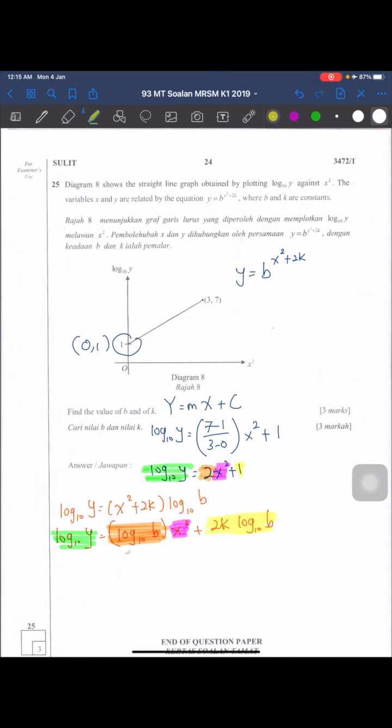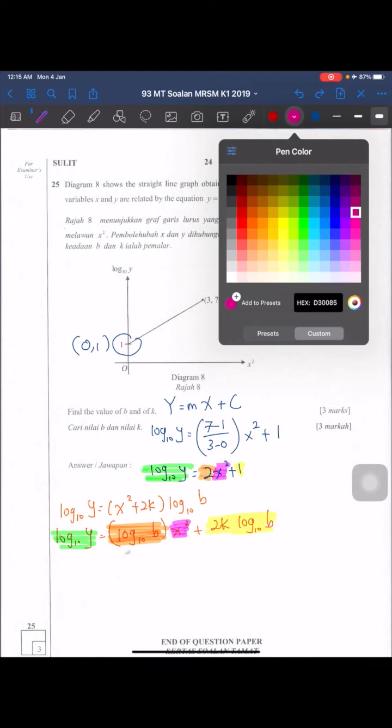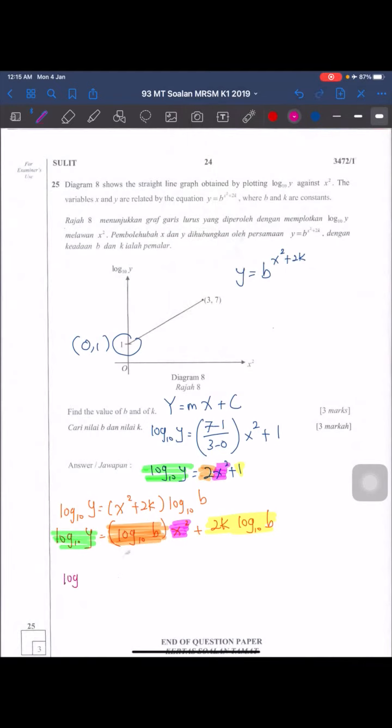So kita boleh comparekan semua. So mana yang lebih mudah? Kita comparekan dulu kita punya gradient. So log tan B is equals to 2. So B, shift log 2. Ni sebenarnya 10 kuasa 2. Kita akan dapat 100. So B is equals to 100.